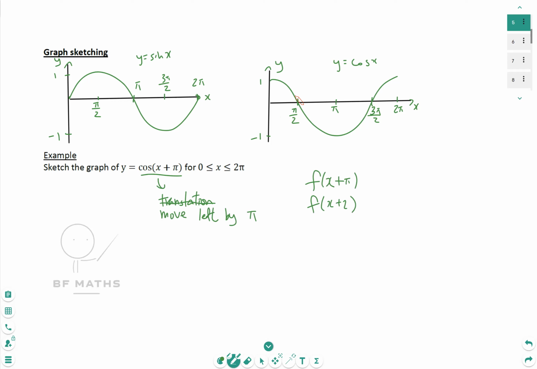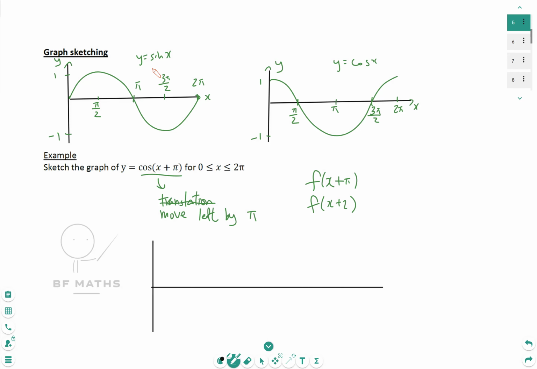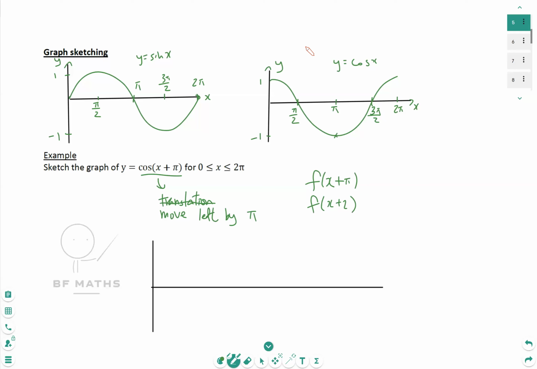So we know the cos x graph normally looks like this. When we move to the left by pi, this pi value will now be at 0. Let me sketch the axes. So this point that was at pi, if we move left by pi, is now at 0.